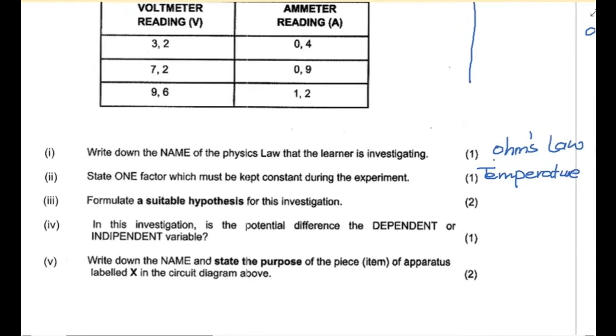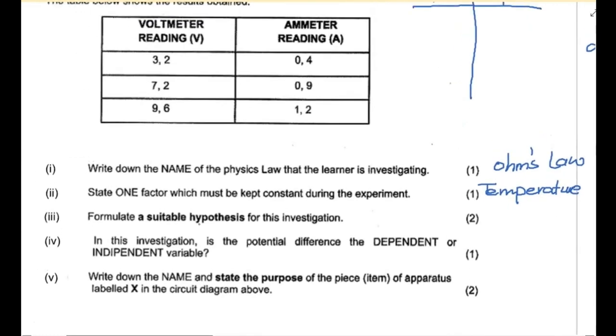Formulate a suitable hypothesis. So now just to talk about this concept of hypothesis, there are clear rules, and eventually in grade 12 you're going to get exam guidelines. The DBE bring out an exam guideline document, which your teachers will share with you.